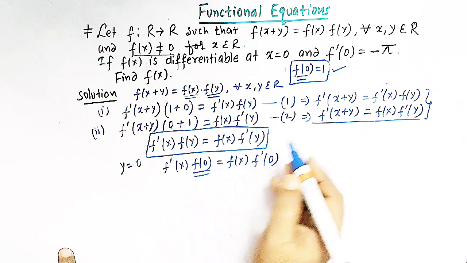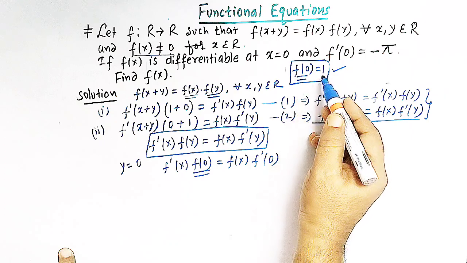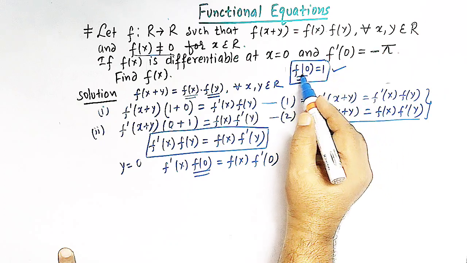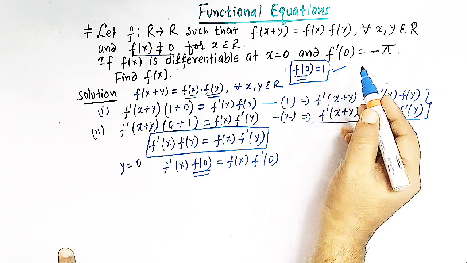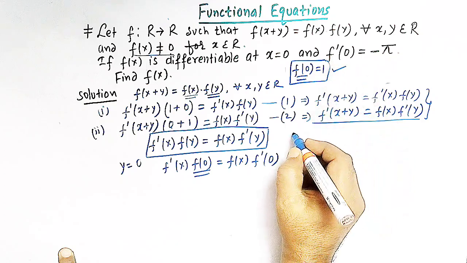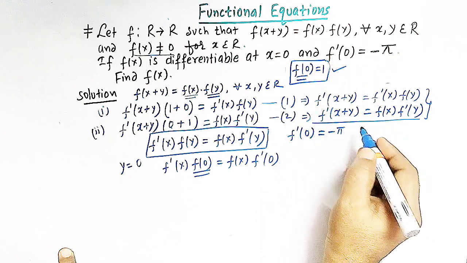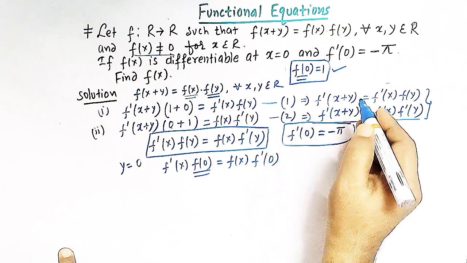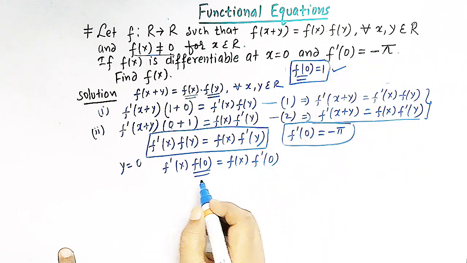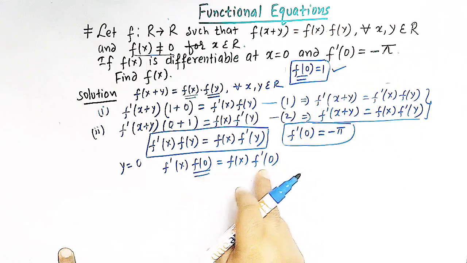Now see, f of 0 we have already calculated, f of 0 is equal to 1, and we are given that f prime of 0 is equal to minus pi. So these are the two conditions which can be utilized over here.